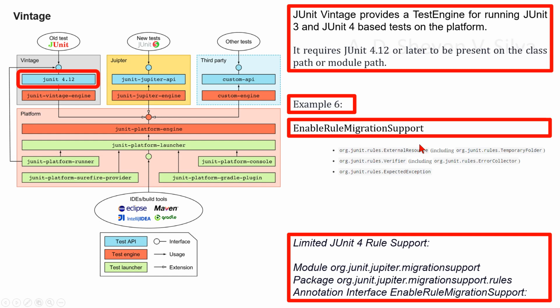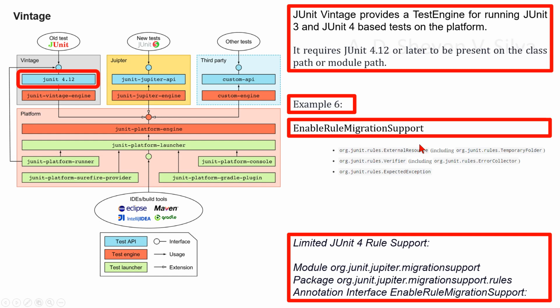This limited form of rule support can be switched on by the class-level annotation @EnableRuleMigrationSupport. This annotation is a composed annotation which enables all rule migration support extensions: verifier support, external resource support, and expected exception support.